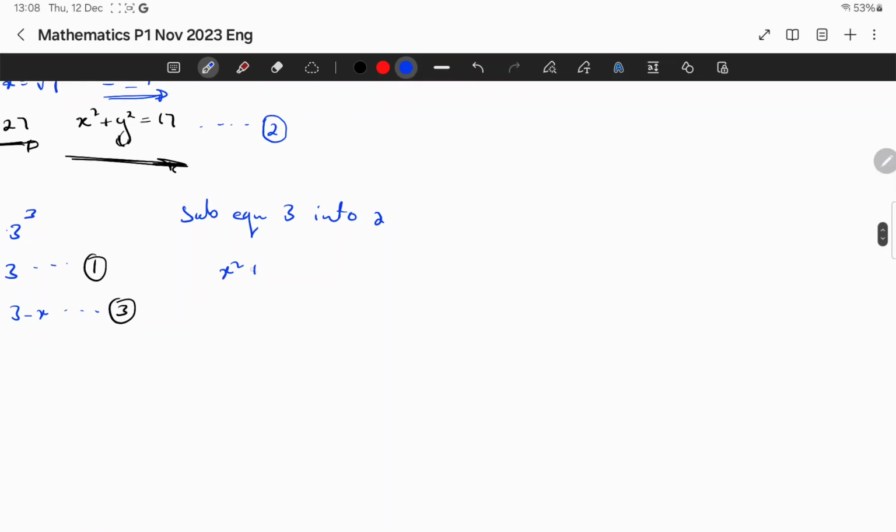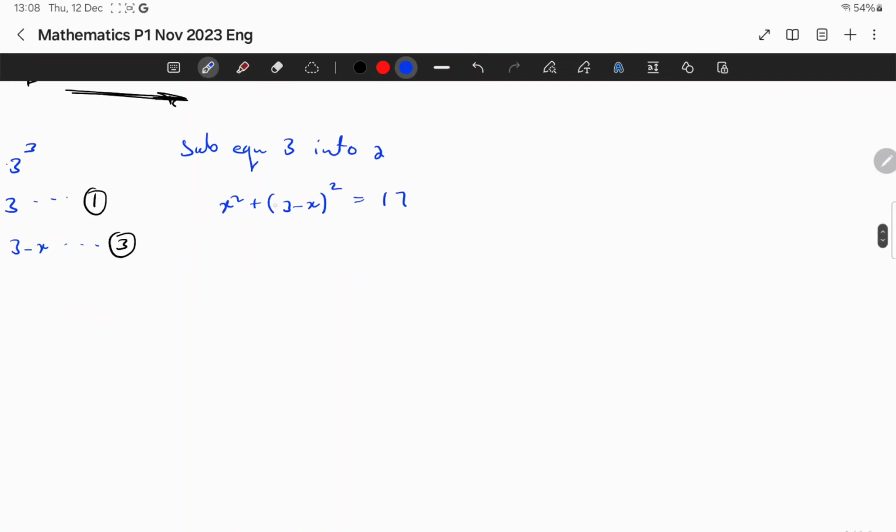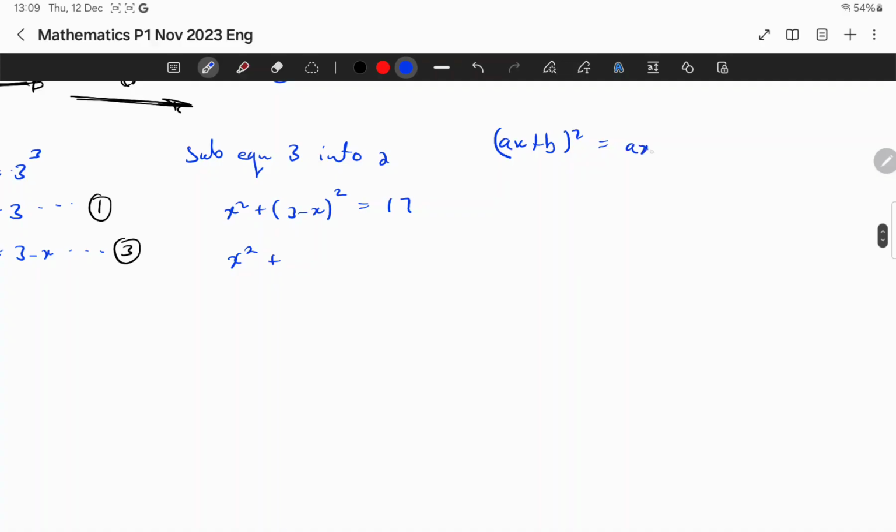Then we have x squared plus (3 minus x) all squared is equal to 17. Simplify that. You have x squared plus, expand this as I said before in the previous video, if you have something of the form (ax plus b) all squared, that is equal to (ax) all squared plus 2abx plus b squared.